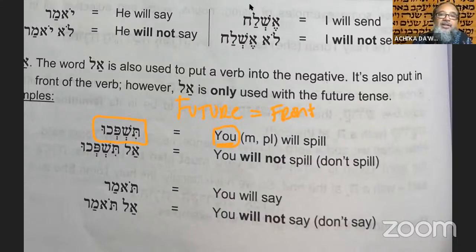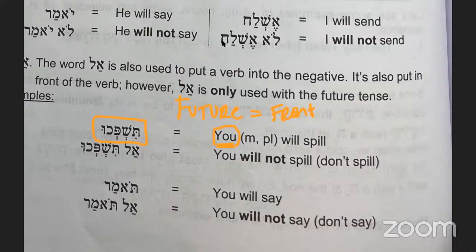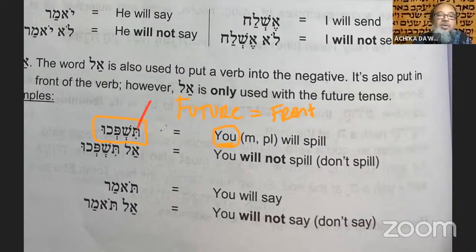So what letter is used to tell us that it's in the future? Tav. Yes, perfect. Okay. There's masculine, plural. So what letter over here in this box is telling me that it's plural? The vav. Thank you. Perfect.